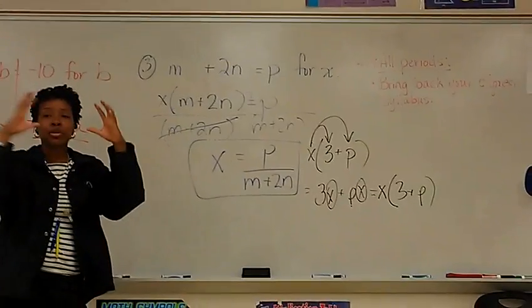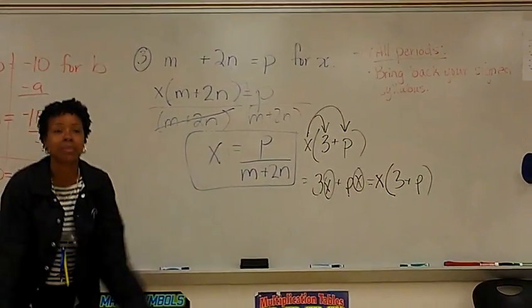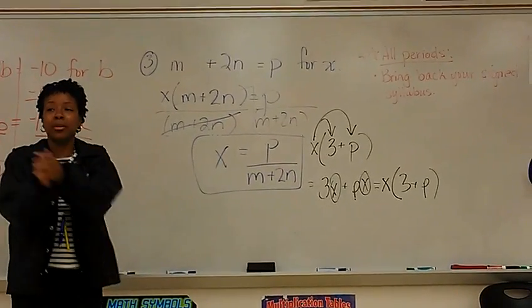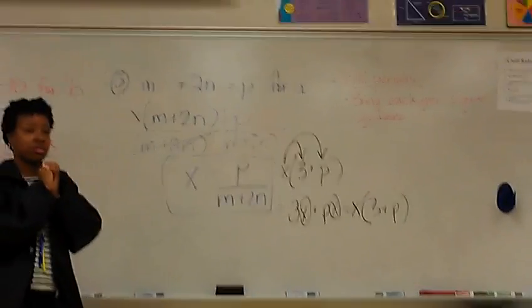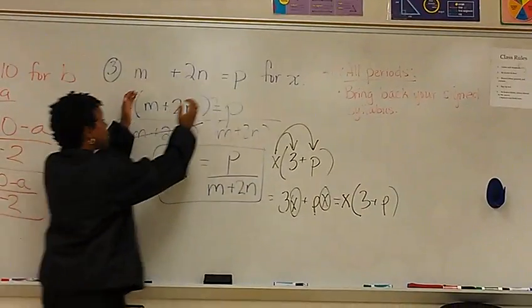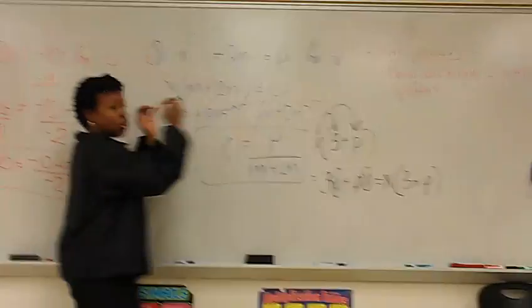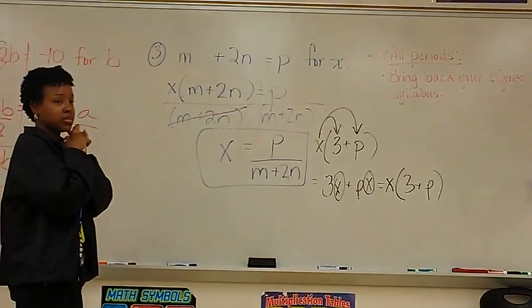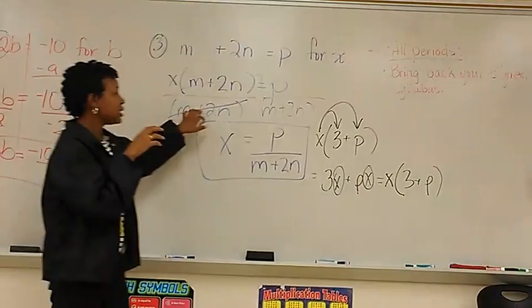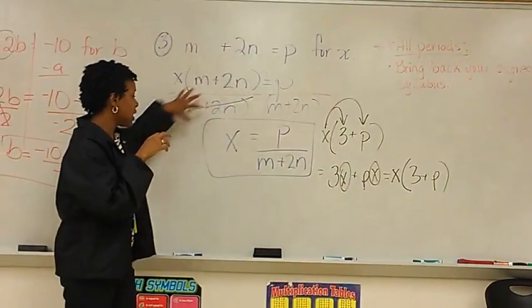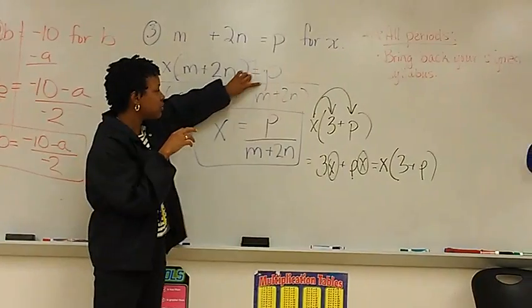That's the good thing about parentheses. Parentheses is like a big bag that you can put everything in and move around all together. Okay? So you can take this whole thing and divide by that whole thing because it's in parentheses. So I did that to both sides. Then these cancel and you get X equals P divided by M plus 2N.